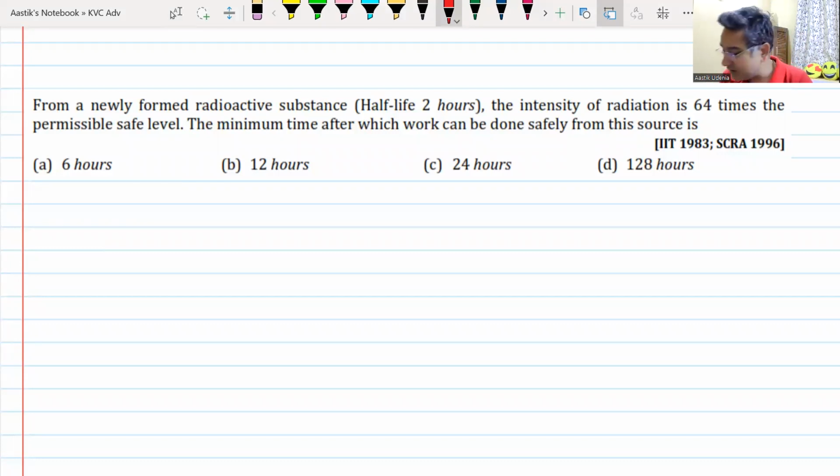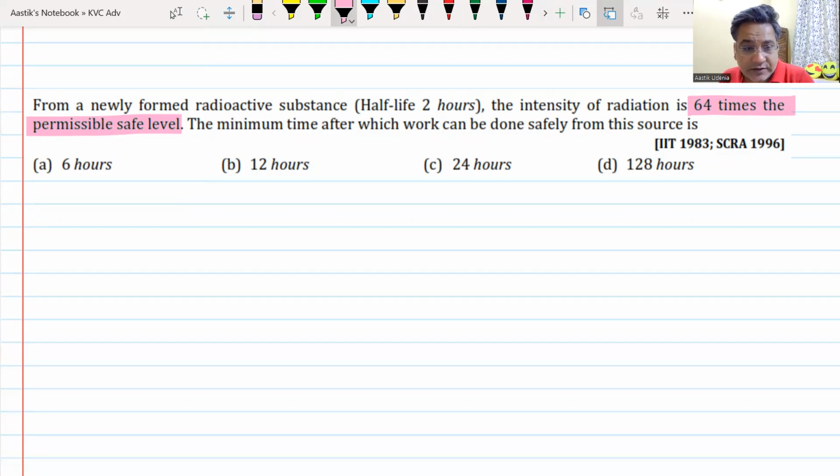This question is just given in the reverse way. It is given that the intensity of radiation is 64 times the permissible level. So, basically, the activity is 64 times more than the value which is safe.